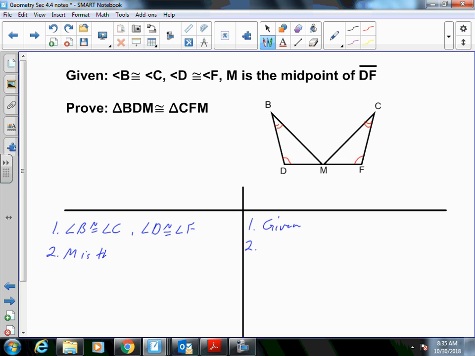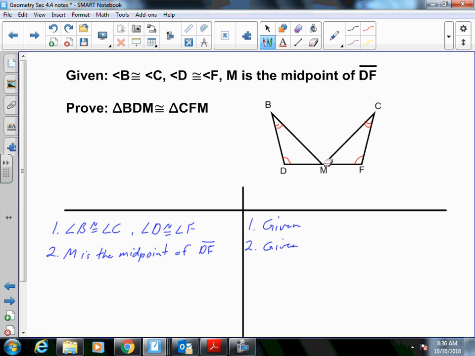M is the midpoint of segment DF. And with M being the midpoint, what's the benefit of them telling us it's the midpoint? Anybody know? If M is the midpoint of D and F, then we know the definition of midpoint.